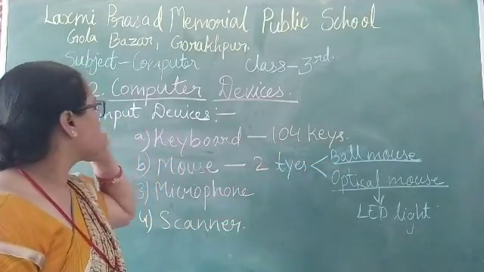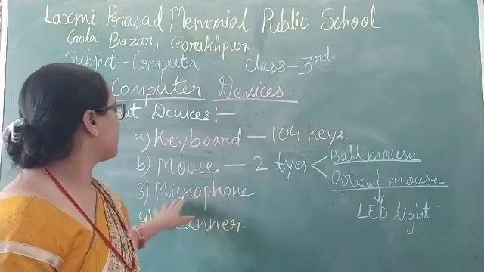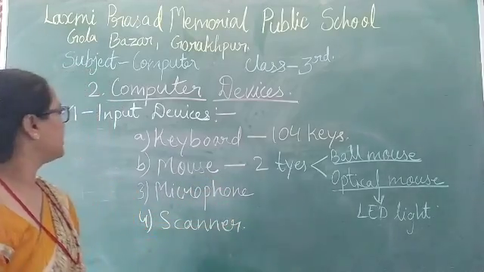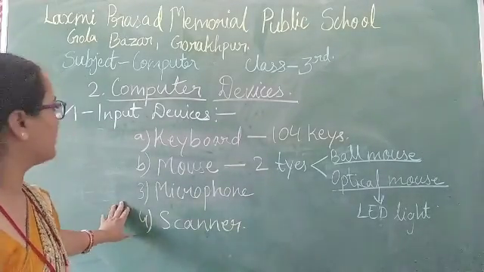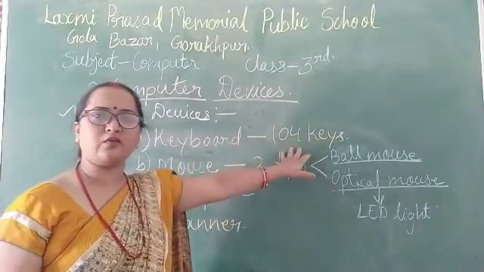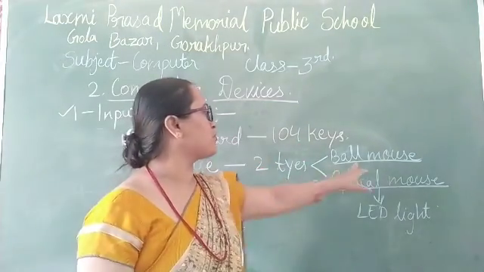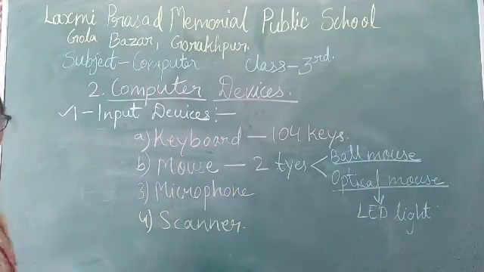See here, it has 4 parts: keyboard, mouse, microphone and scanner. These are the 4 input devices. The keyboard has 104 standard keys. The mouse has 2 types, ball mouse and optical mouse. Clear? Now next topic.